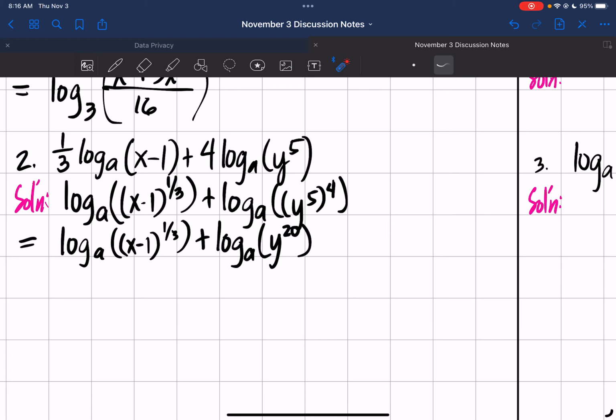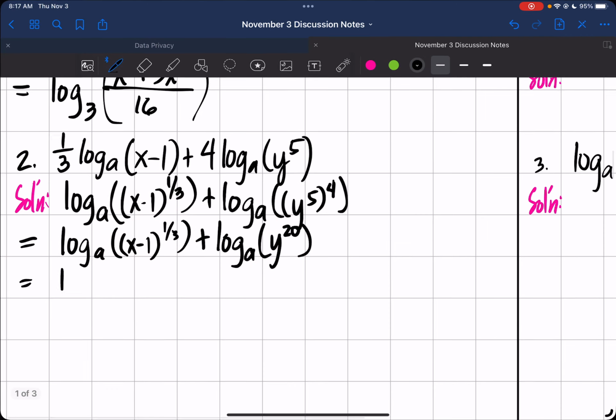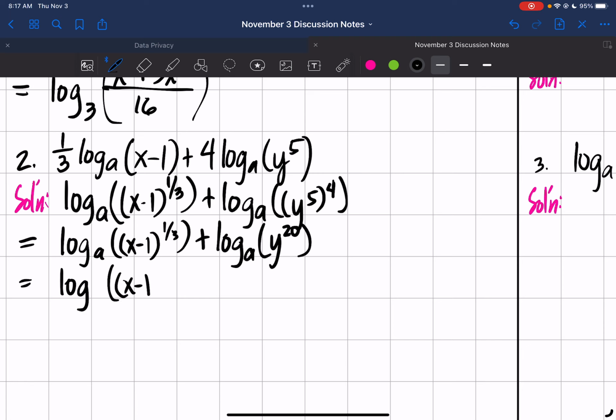So, this one would correspond to the product rule. So, we will multiply the two inside so that we'll get the logarithm of x minus 1 raised to 1/3 multiplied by y raised to 20 base a. So, that's the solution to this problem.